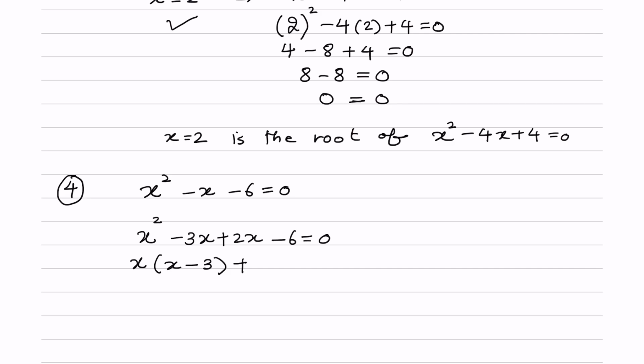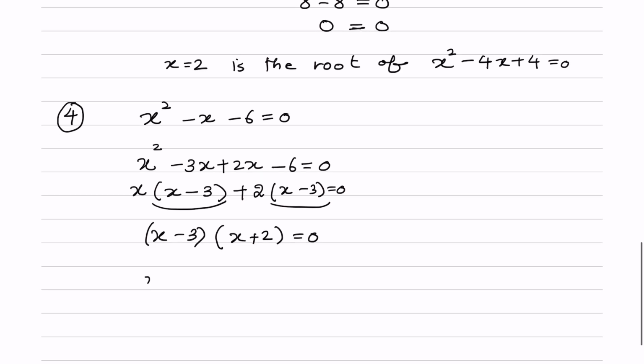So we take x common from the first two terms, and from the next two terms 2 is common. x minus 3 here is common, so we will take it out. We have x plus 2 equal to 0. So we have two factors.